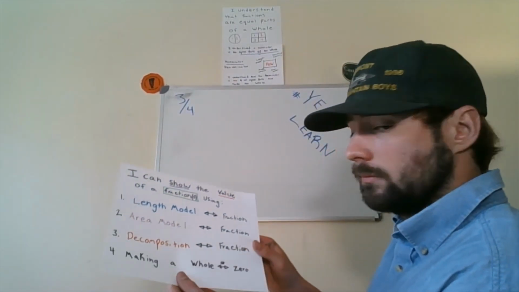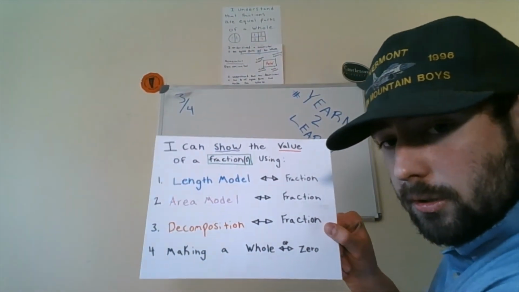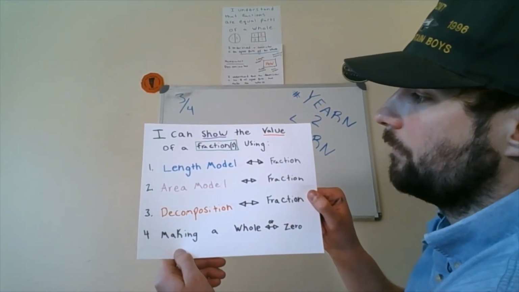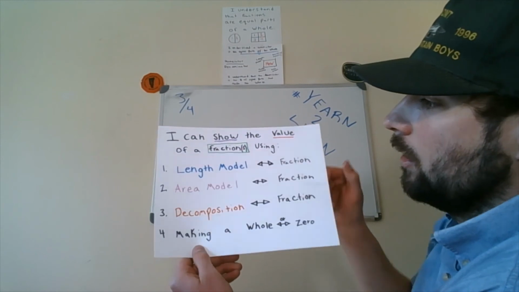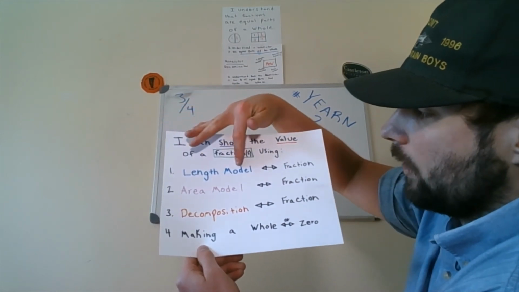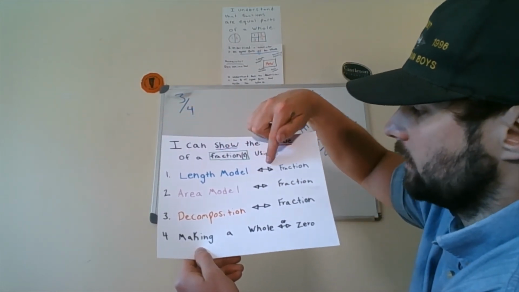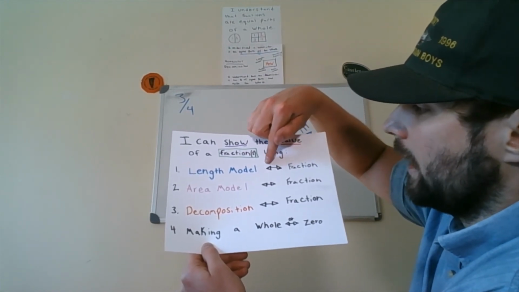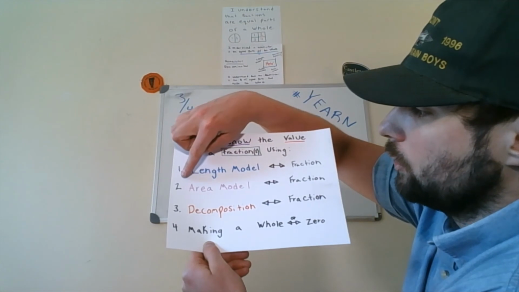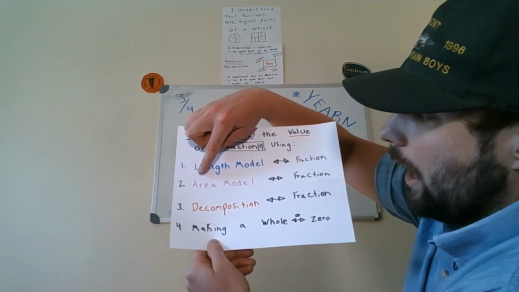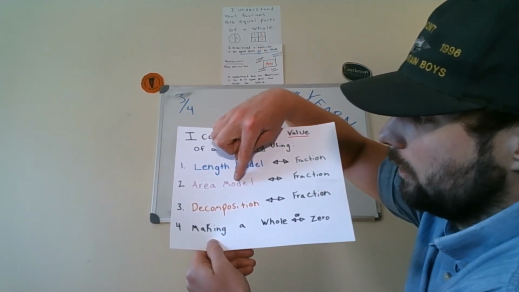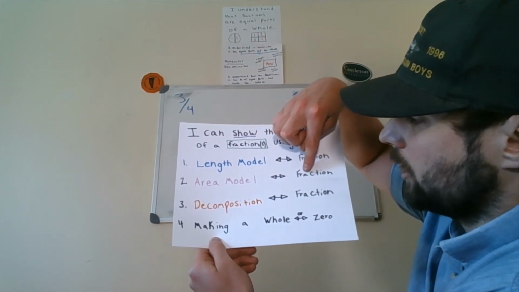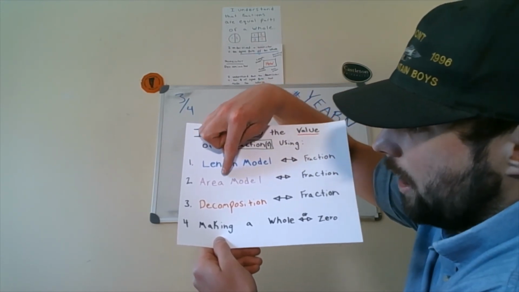So, without further ado, our learning target: 1, I can show the value of a fraction using the length model, and showing it as a fraction, or taking that fraction and showing it as a length model. 2, showing a fraction as an area model, taking an area model and showing it as a fraction, or taking a fraction and showing it as an area model.